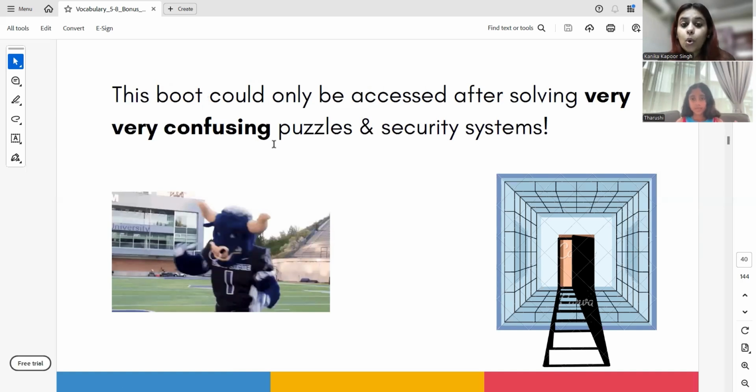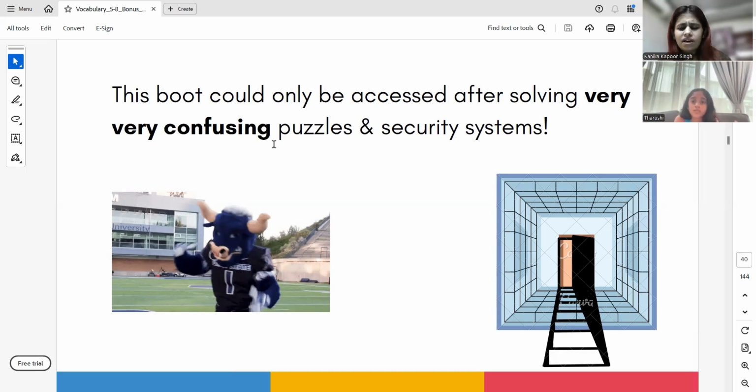The vault could only be accessed after solving very, very confusing puzzles. Means one can enter the secret room only after solving a puzzle that was very, very confusing. What was the puzzle? How was the puzzle? Very, very confusing. Yes, and there were a lot of security systems.